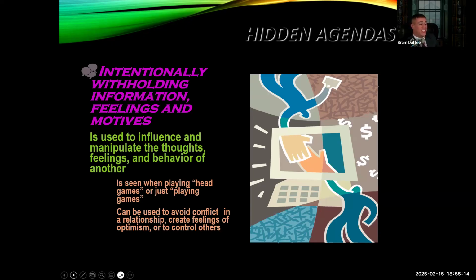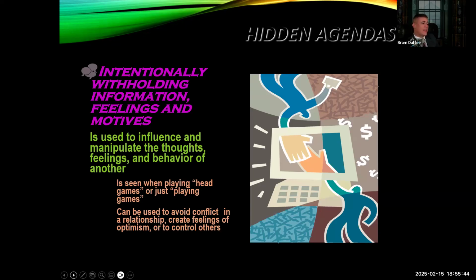And so at times, hidden agendas can be used in a positive way. Like, for instance, a leader might withhold negative information about challenges that a team is facing, right? That way they can keep morale up and maximize the optimism around. But even in these cases, the lack of transparency can create unintended consequences because folks are going to find out eventually.